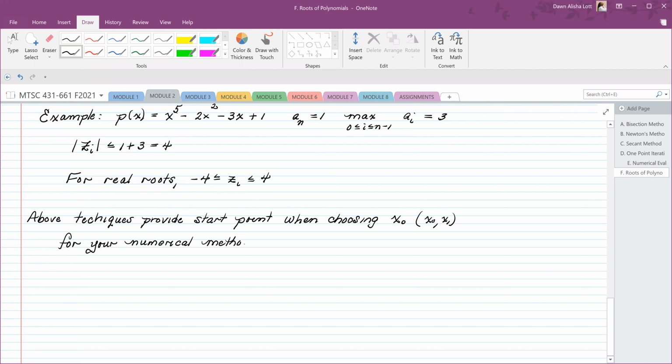Okay, any questions about that? Again, we can always graph it. Graphing sometimes helps. All right, it gives you a starting point for where it is.